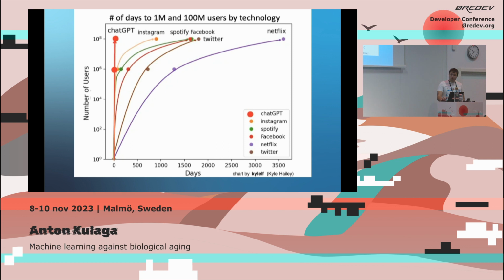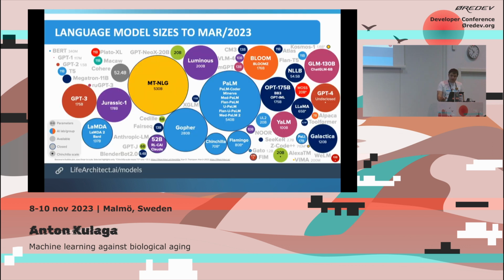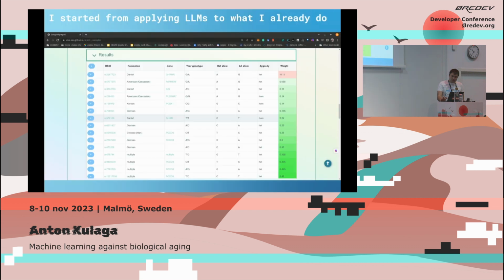We were, of course, inspired by this huge growth of large language models. You see that ChatGPT got 100 million users within several days. It's a bit outdated data on sizes. And one of the things we wanted to start prototyping our solutions with is understanding those convoluted genetic reports.